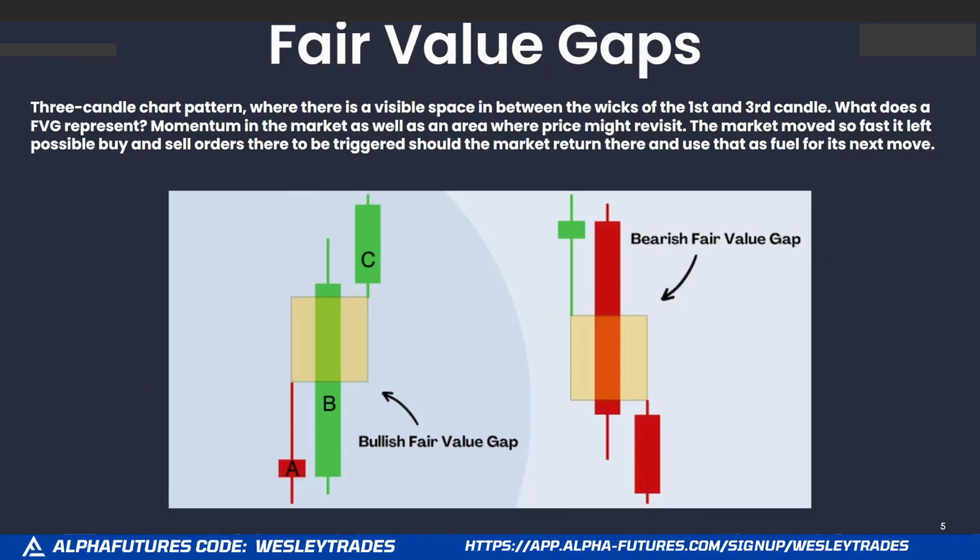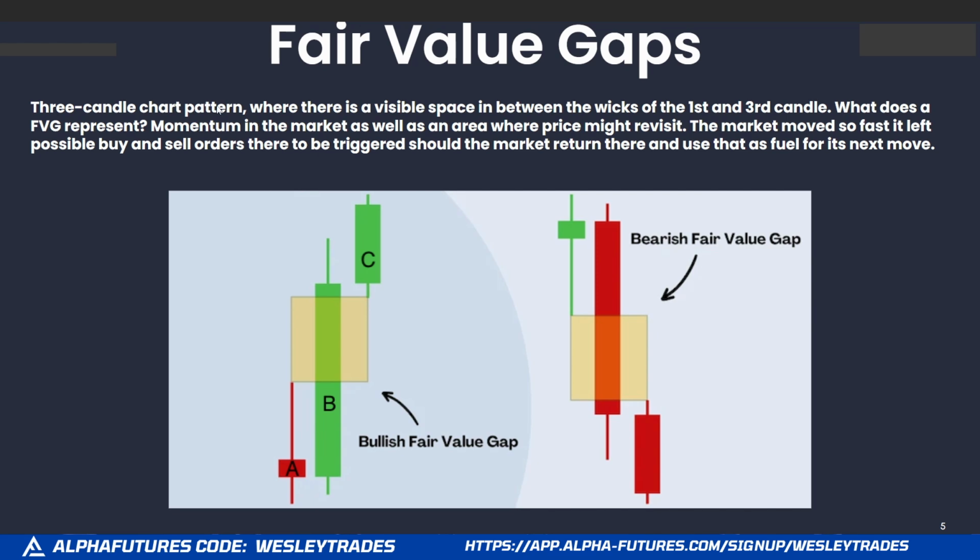Fair value gaps. Fair value gaps are a 3-candle chart pattern where there is a visible space in between the wicks of the first and third candle. Now this sounds confusing, but simply, what does it say?